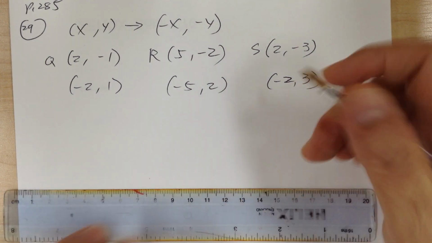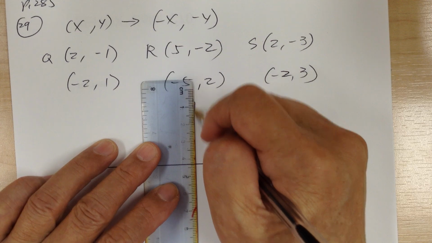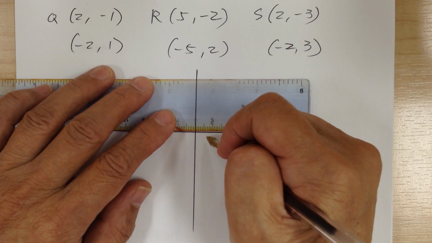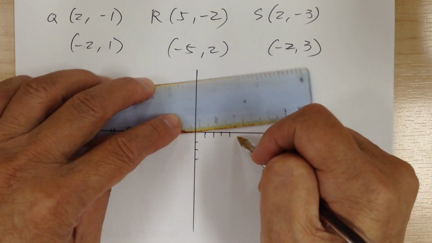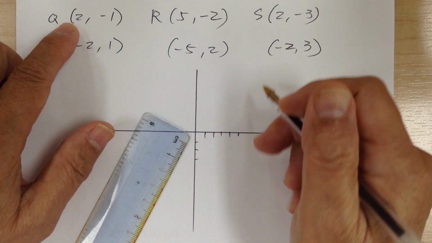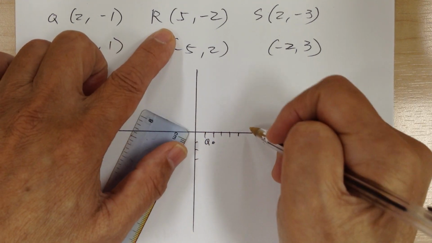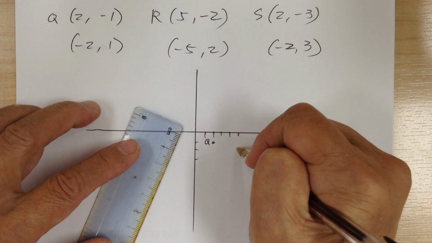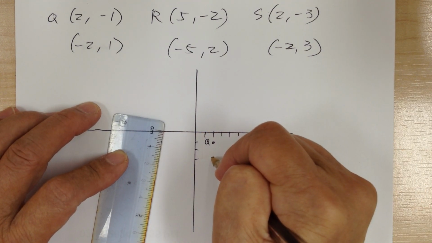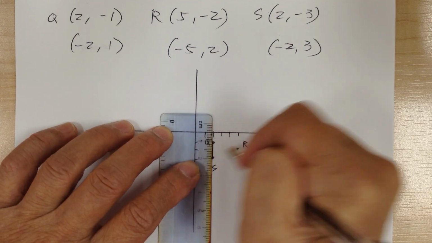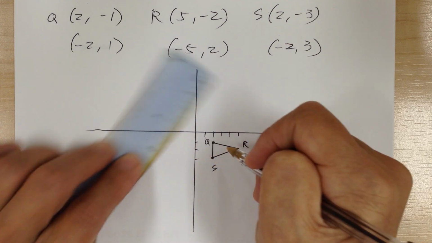Okay, so when you graph, the first one is 2, negative 1, so that's the Q. 5, negative 2, that's the R. And 2, negative 3, that's the S. So originally it stays the same for all three.